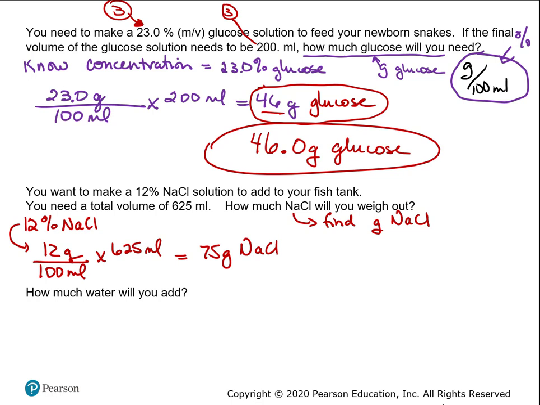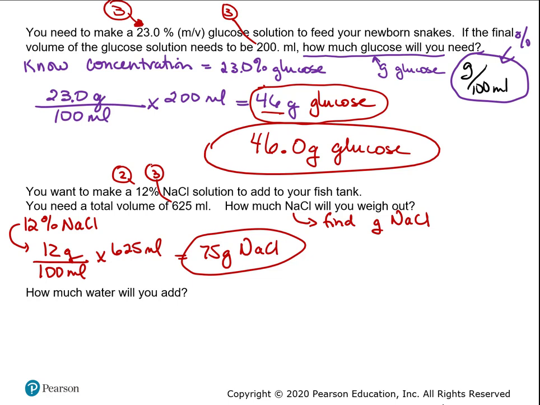Remember, you might think to round it to 80, but 80 would only be 1 significant figure. 75 has 2 significant figures, so I don't have to do anything to this number.